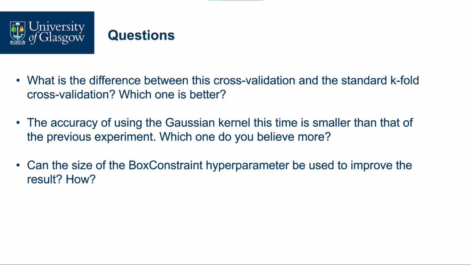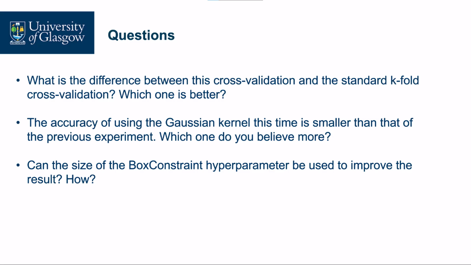Third question: can we use the size of the box constraint, right? This is a hyperparameter to trade off the margin and the misclassification. Previously we talked about the soft margin classifier. That refers to the linear classifier, right?